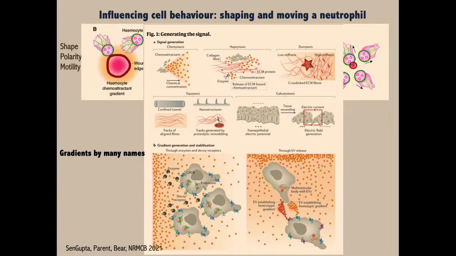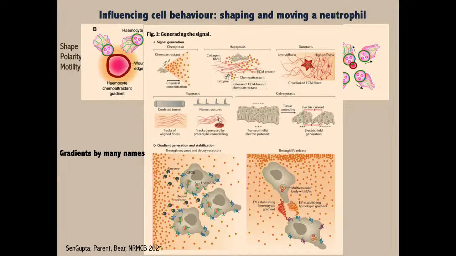signals that could attract this single cell, and there are a whole set of mechanisms named haptotaxis, durotaxis, topotaxis, and galvanotaxis to highlight the fact that material properties of the substrate on which these cells are moving could form a gradient.